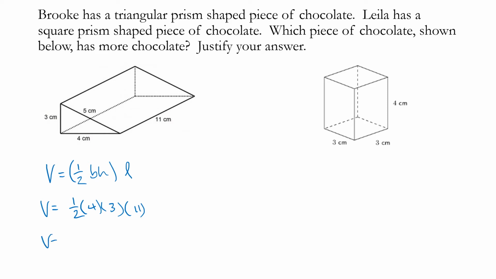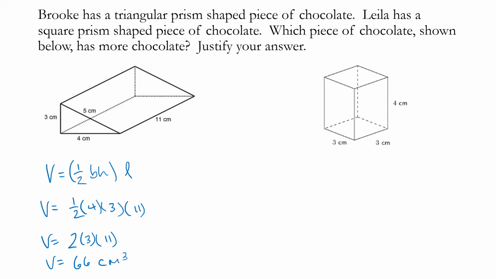Now, half of 4 is 2 times 3, so we have 2 times 3 times 11, which is 6 times 11, which you get 66, and in this case, centimeters cubed. So 66 cubic centimeters of chocolate.